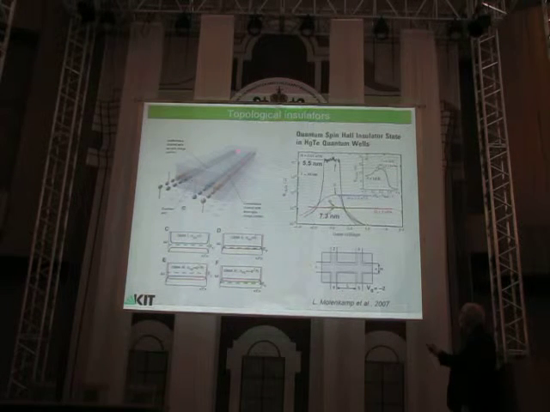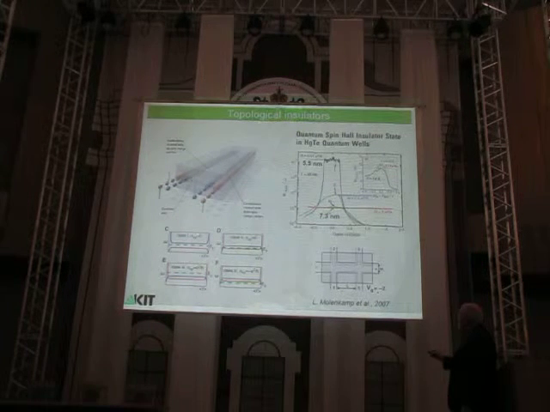They have formed a kind of Hall bar here, which is a quantum well of thickness d and a certain width of mercury telluride, embedded in cadmium telluride, I think. And you expect, in this case, these edge states here, spin up and spin down.